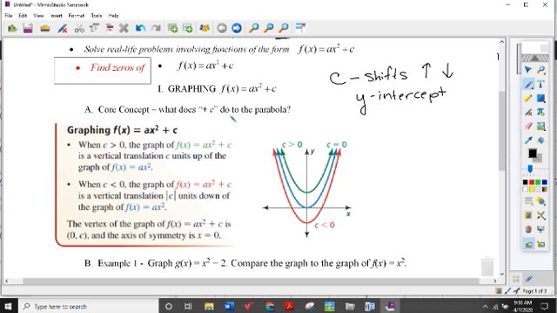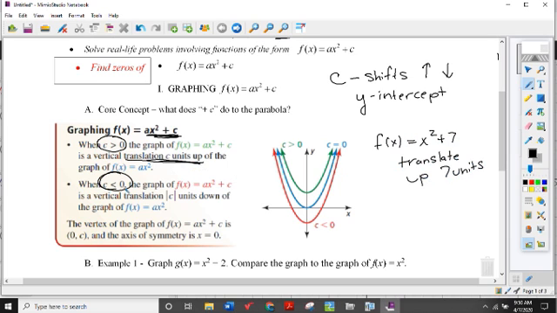What does plus c do to the parabola? Now notice it's always written in the form of plus c, but c isn't always going to be positive. When c is positive, the graph moves up. So f of x equals x squared plus 7 would translate up 7 units.